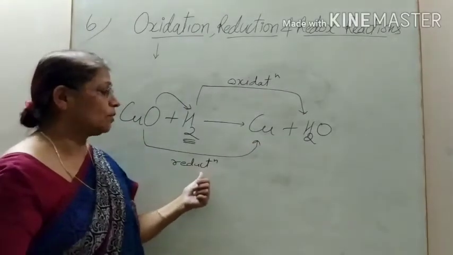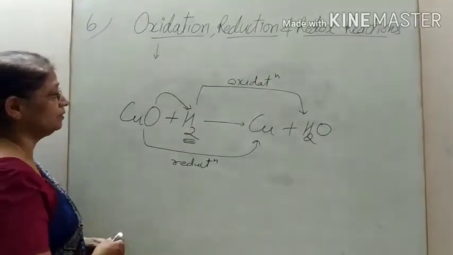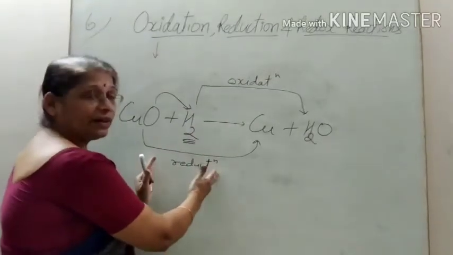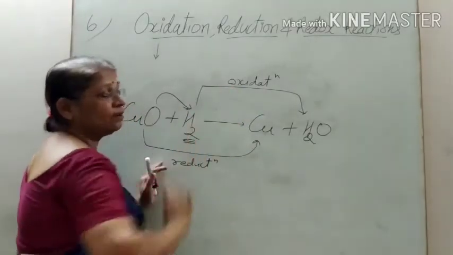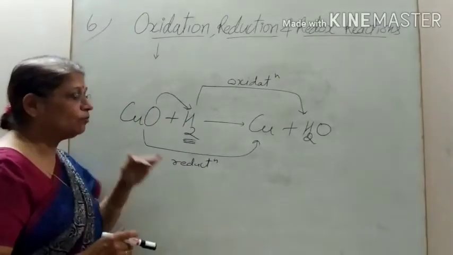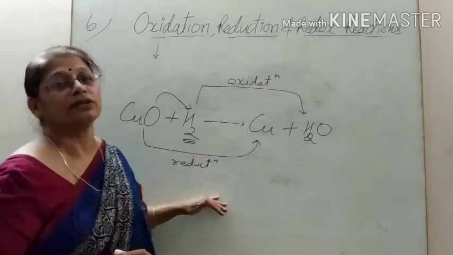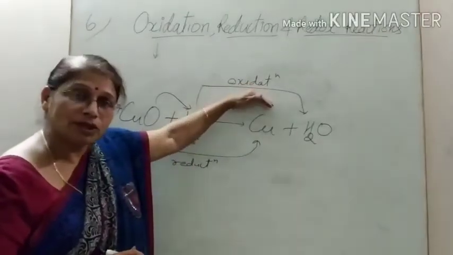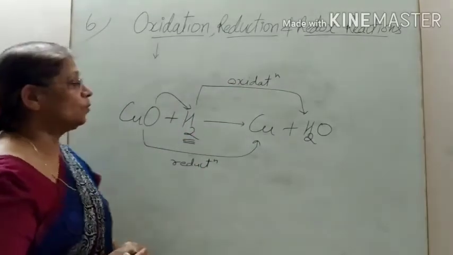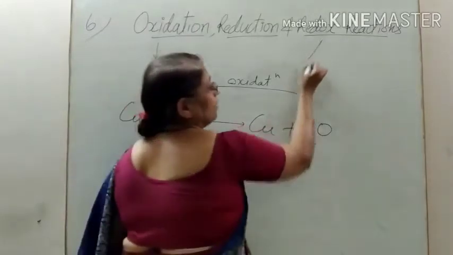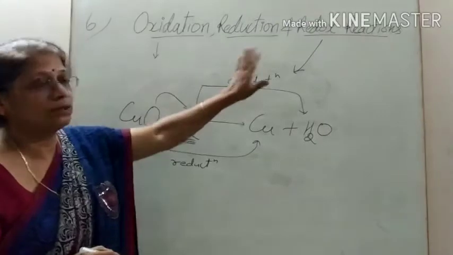This step is called reduction. So in this reaction, it is clearly shown that if reduction occurs somewhere, oxidation also happens simultaneously. We can't say this reaction has only reduction or only oxidation. Both happen simultaneously, so that's why we call this a redox reaction.